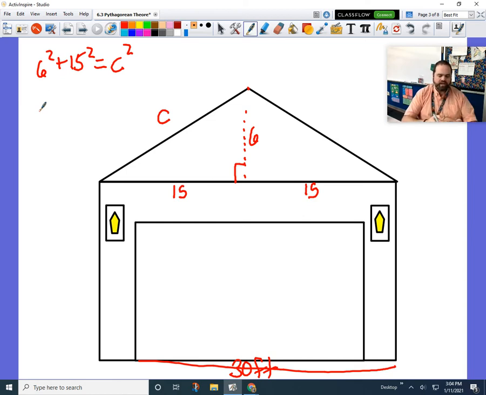Grab my calculator again, just not standing out in the yard this time. I calculated this to be 16.2, about 16 feet. That means that this piece over here was also 16.2 feet. So to go up the peak and back down, I needed 32.5 feet of lights.